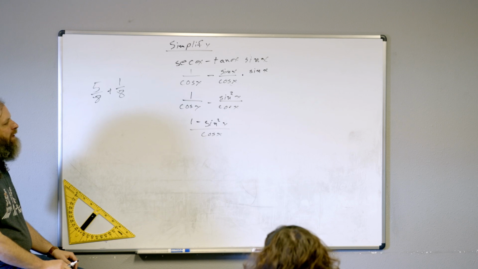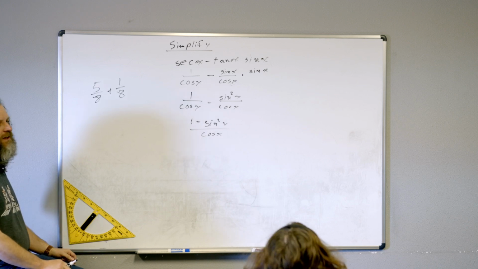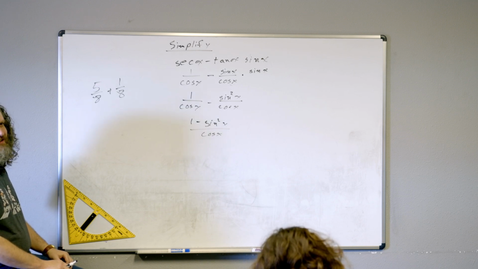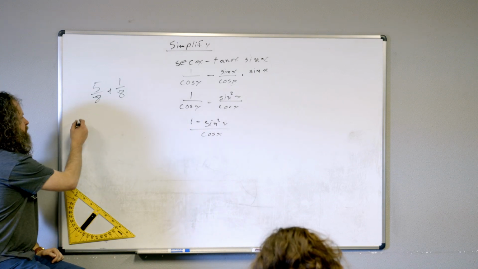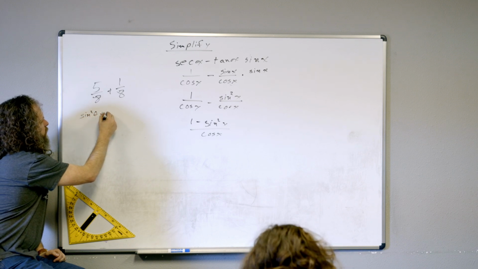When you see a square trig function, you're probably going to use Pythagorean identities somewhere. Which Pythagorean identity would be applicable in this situation? Sine squared theta plus cosine squared theta equals 1.